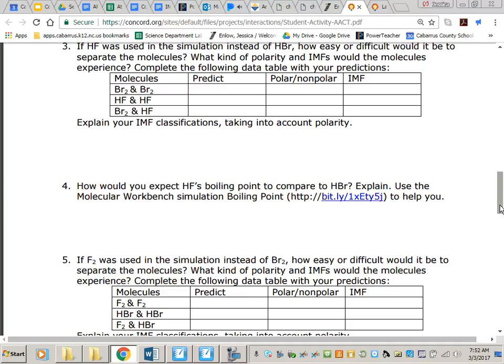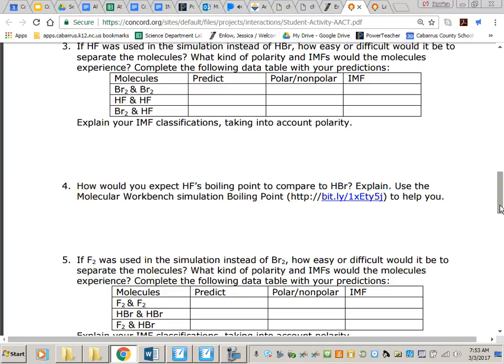HBr boiling point. So it tells us what kind of molecule it is.